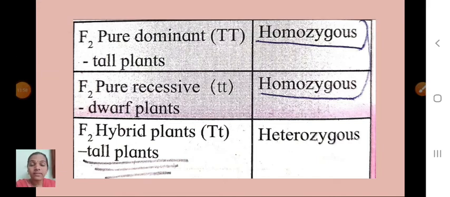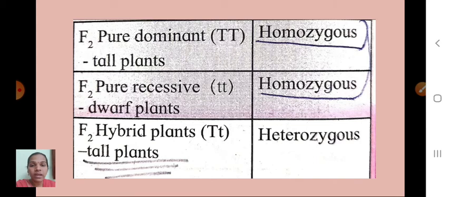So children, in this session we discussed Mendel's monohybrid cross. What is meant by monohybrid cross? It is a cross with only one contrasting character, of which plant? Pea plant. Okay children, we also discussed the parents, and what is meant by genotype and phenotype. The first step is the cross of parents, when gametes are formed.